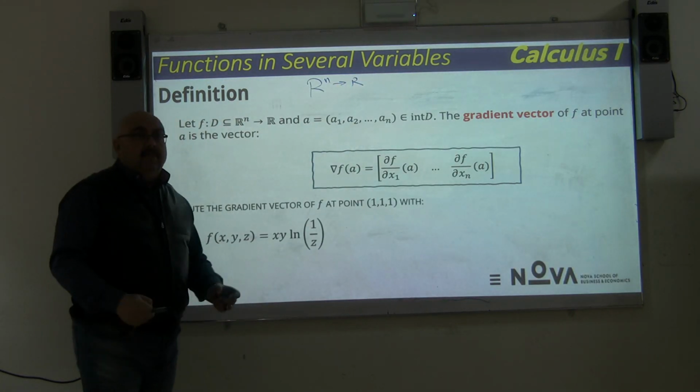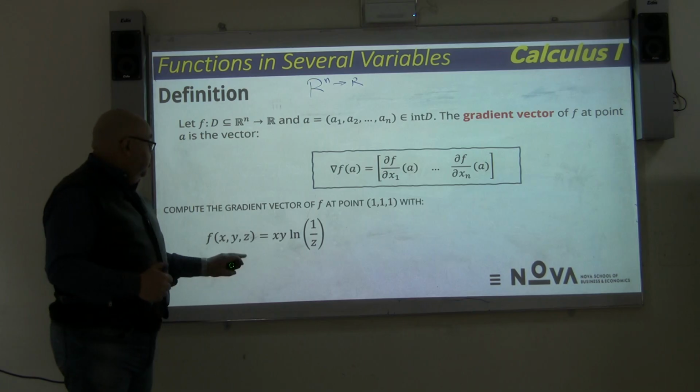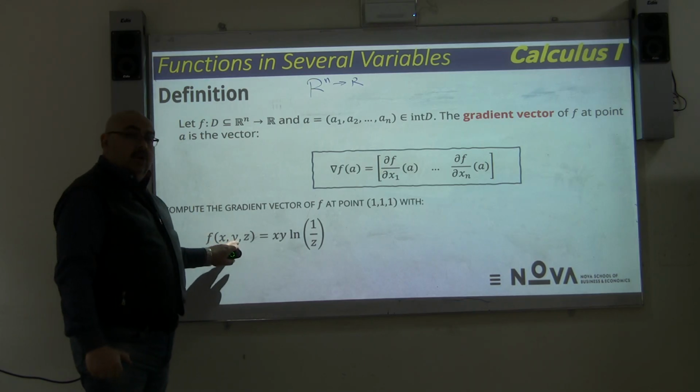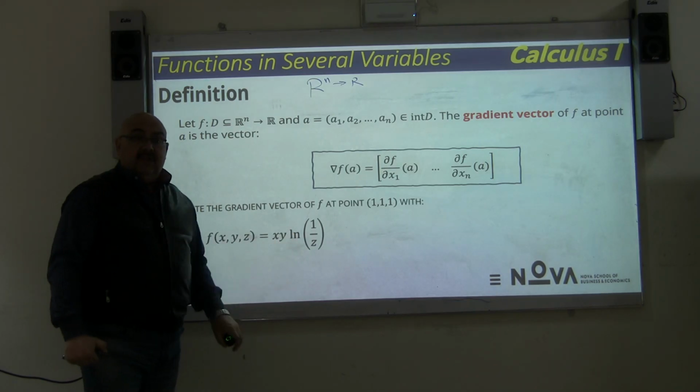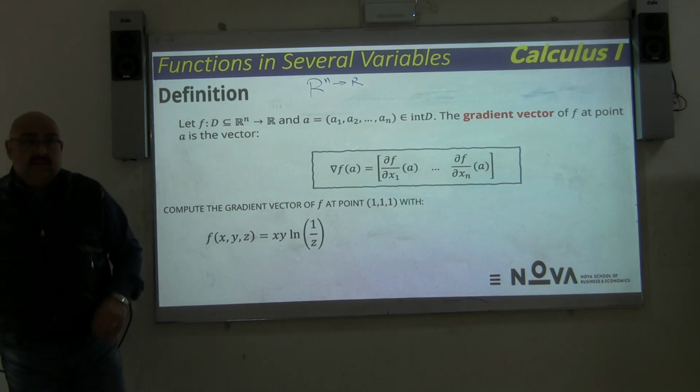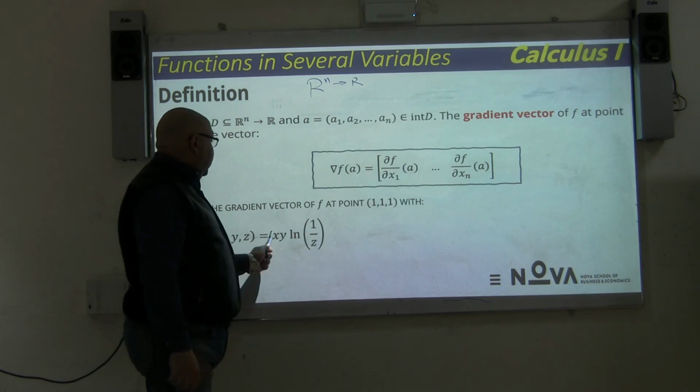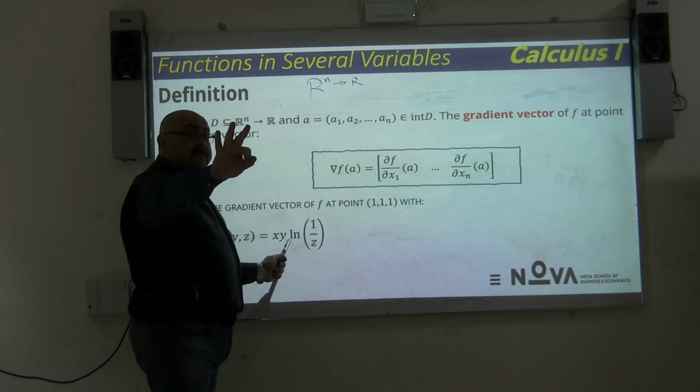So if I want, for example, the gradient vector for the function f of x, y, z equal to xy ln 1 over z, can I get the gradient vector? Yes. In this case, how many variables do you have?